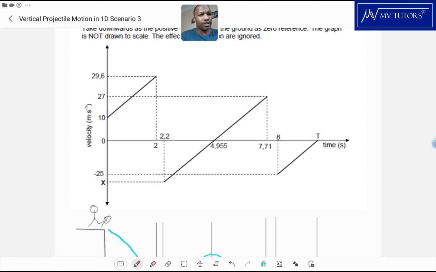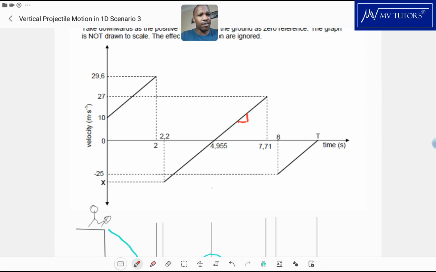A gradient is really a triangle like that. It's rise, the change in the vertical over the change in the horizontal. So when we do that, we get acceleration.